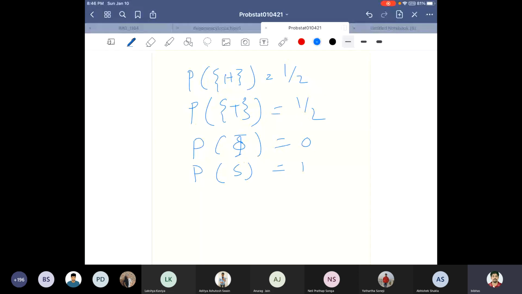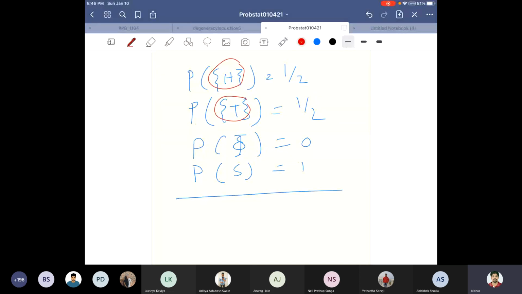These are all non-negative values, first of all, and these are the possible events: H, T, phi meaning the null set, and the sample space itself. The probability of S is equal to 1, which was the second axiom or second postulate. And of course, disjoint means here, for example, H and T are events which are disjoint.